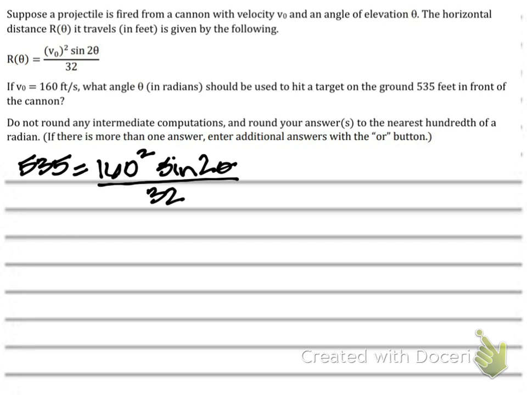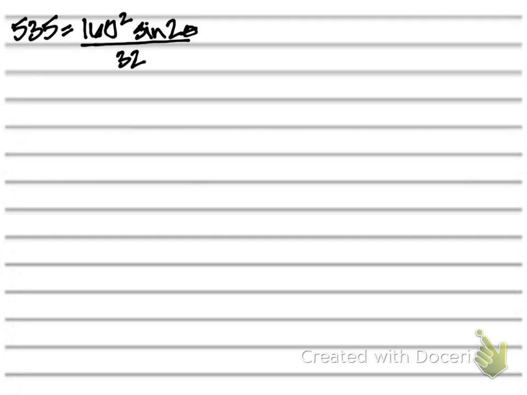Okay. Now, if you think about it, there's only a couple of times it's going to hit that 535, right? So we should be okay here with regard to K. So if we look at this a little bit and get it down, 160 squared divided by 32 is 800.